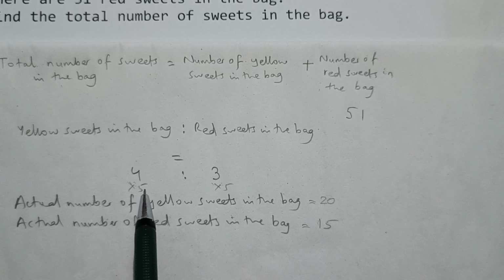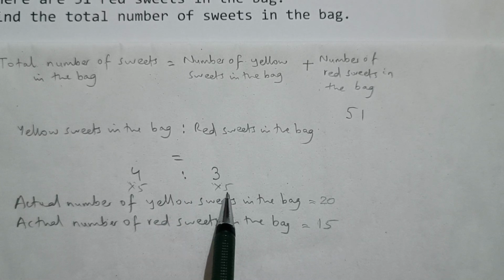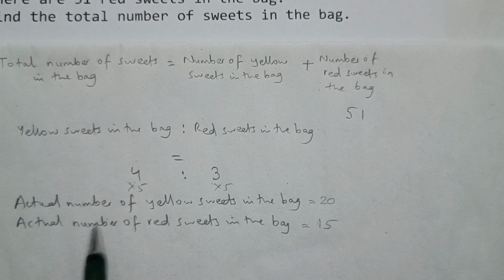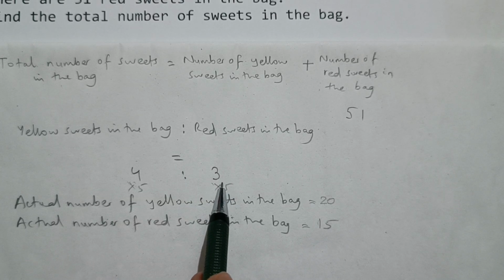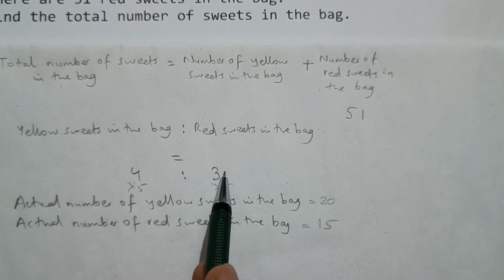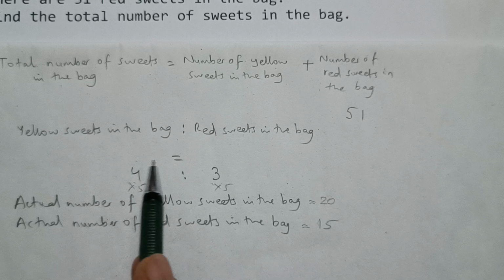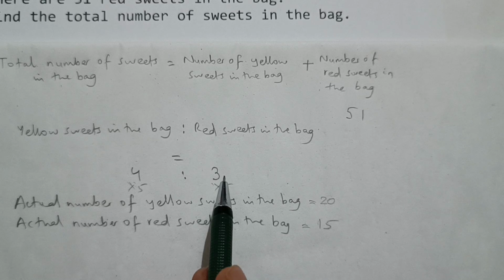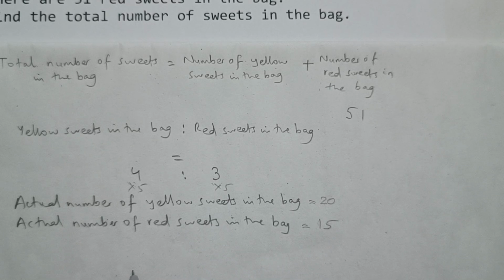But by which particular number I have to multiply this ratio, that is not known to me. Whether I should multiply this ratio by 2, by 5, by 6, by 60, or by 100, that number is not known to me.